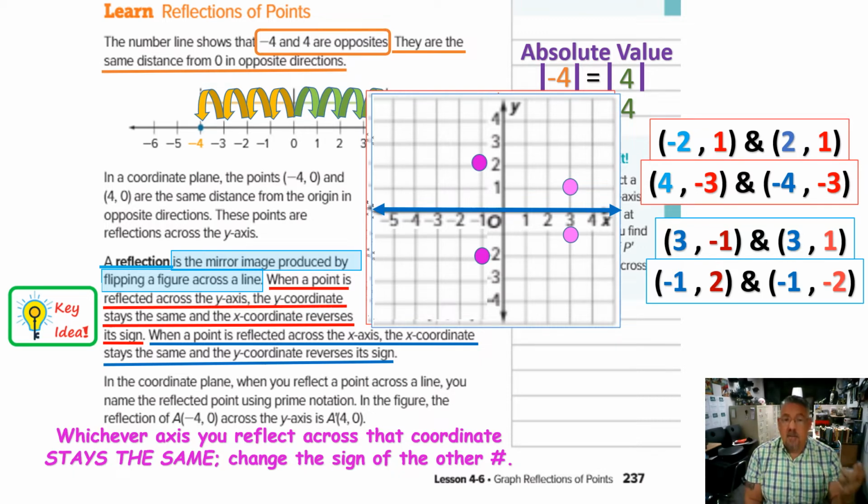Then I simply change the sign of the other number. Right? So that's basically what we have underlined in red and blue as examples if I'm crossing the y or if I'm crossing the x. Whichever axis you reflect across, that coordinate stays the same. Change the sign of the other number.